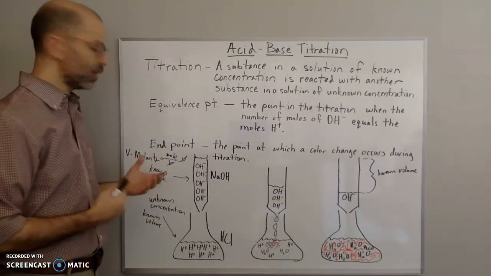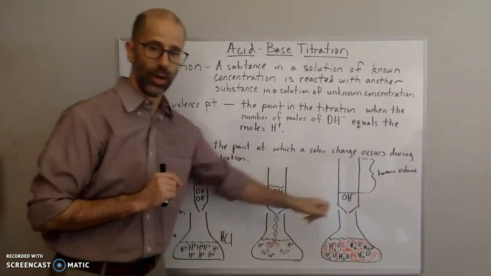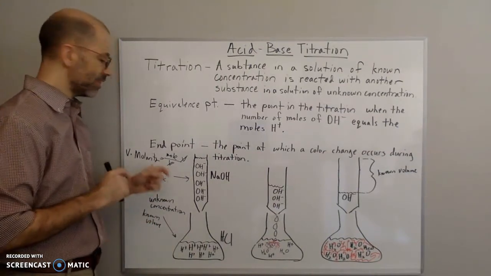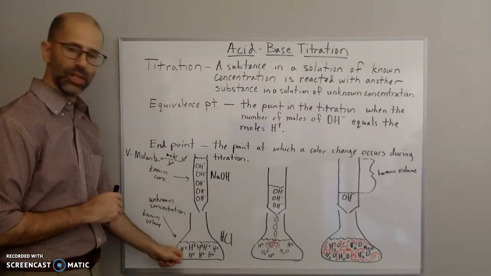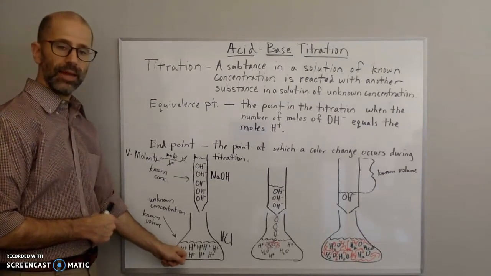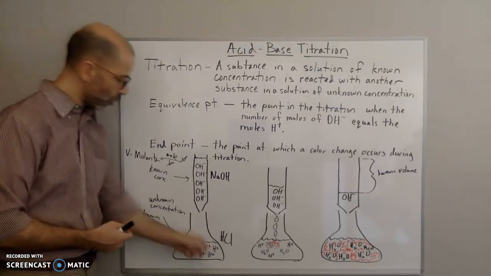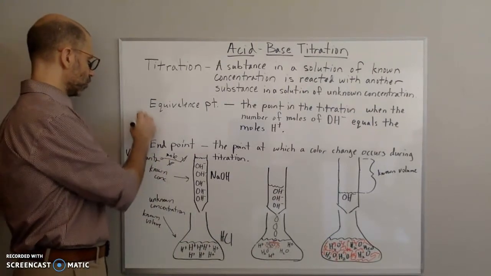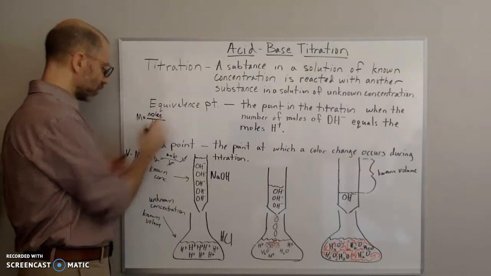Well, the number of moles of my base, specifically the moles of OH that I added, is going to equal the moles of H+ that were originally in my solution. And then if I know the moles of H+ and I know the volume, I can go back to my molarity equation again, because molarity is equal to moles over volume in liters, right?